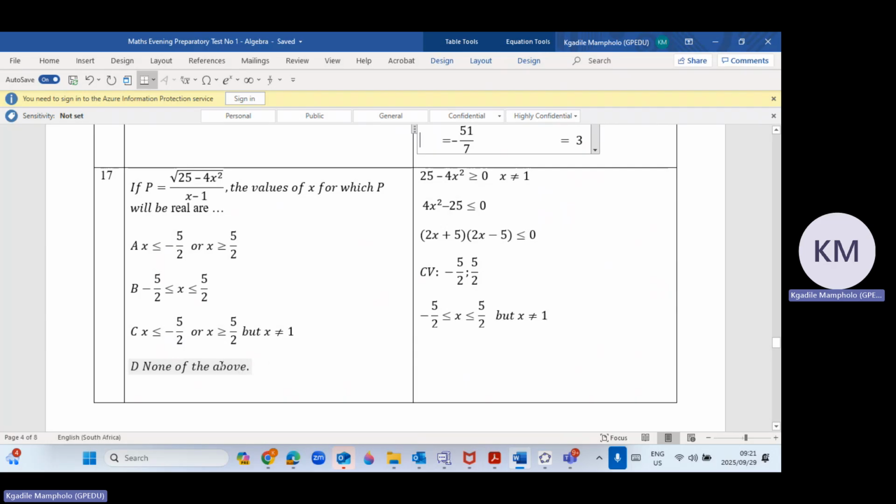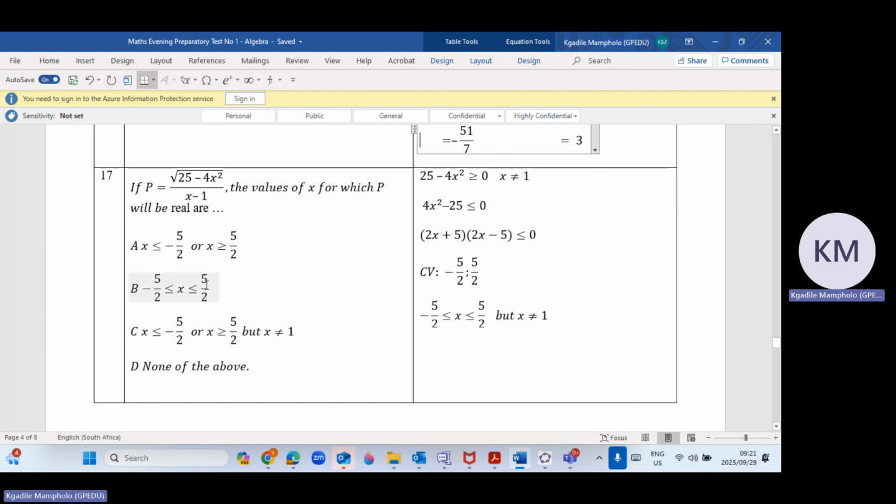It's none of the above, because yes, in B we have x between minus 5 over 2 and 5 over 2, but we didn't reject x equals to 1. But if in this B we said x is between minus 5 over 2 and 5 over 2, but x is not equals to 1, then it could have been the correct answer.